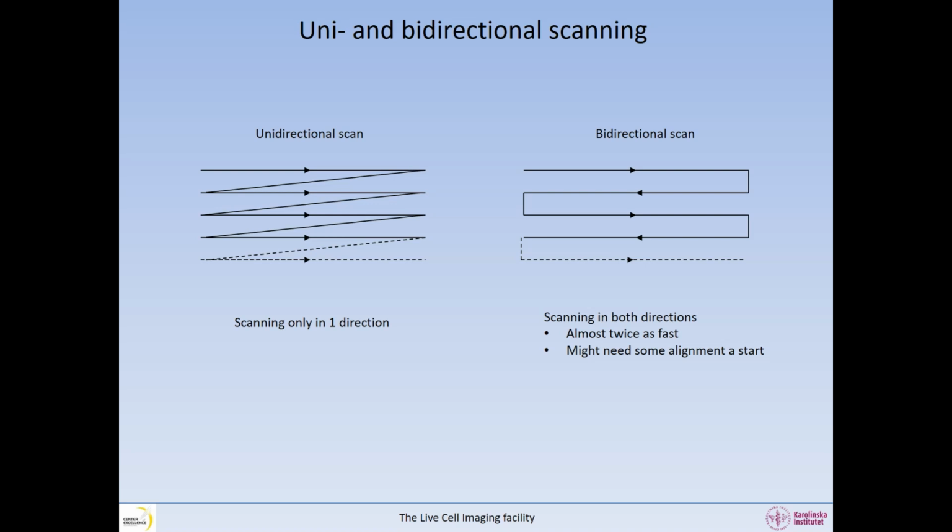This is called bidirectional scanning. In this case, we are scanning in both directions and it goes almost twice as fast. Not completely twice because of the turning point. The turning takes time. At the beginning you might need some realignment, but it works very well anyway. So you go faster. This is a trick to go faster with a single point confocal.